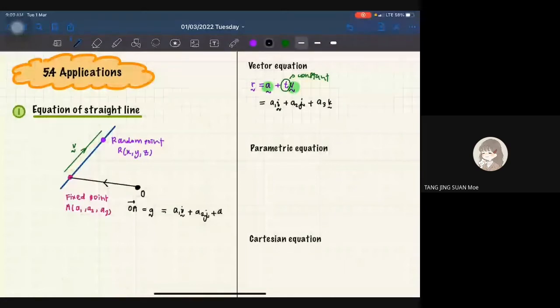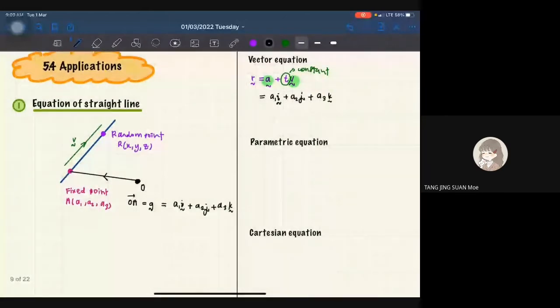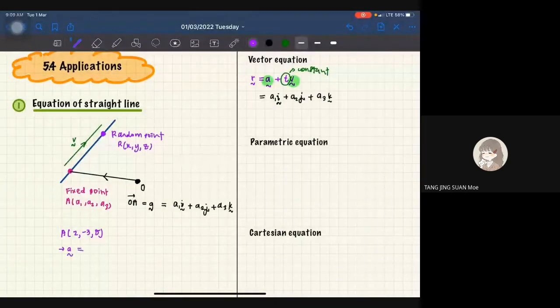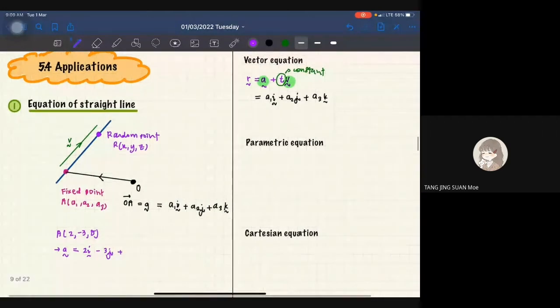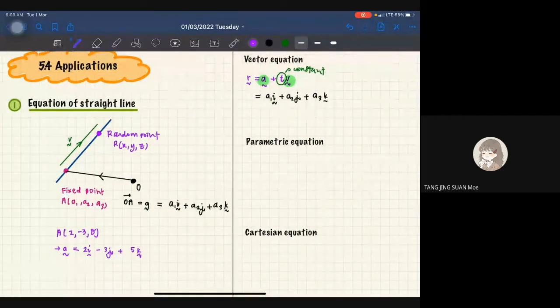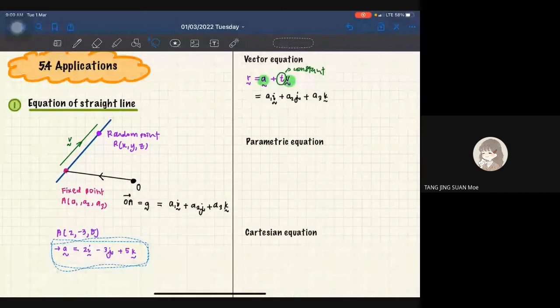So contoh awak punya fixed point tu dia bagi macam ni. Let's say your fixed point is 2, -3, 5. Okay, so awak akan dapat awak punya vector A as 2I minus 3J plus 5K, like this. Okay, so this is your fixed point dalam bentuk vector.